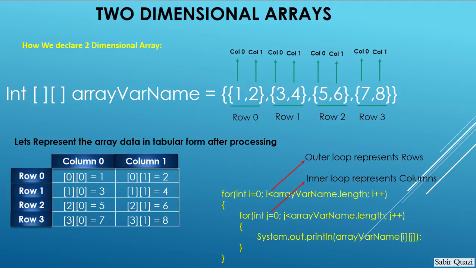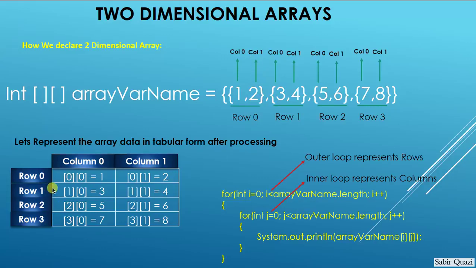In this table, this block says row 0 and column 0, which has the value 1. Then row number 0 and column number 1 represents the value 2.